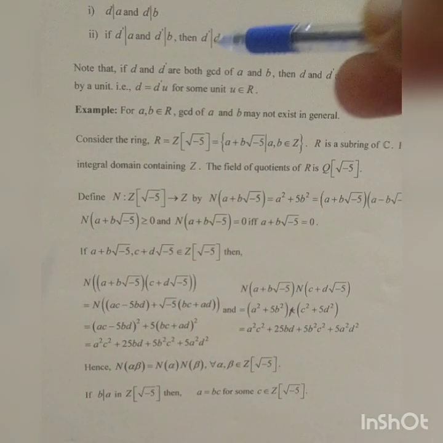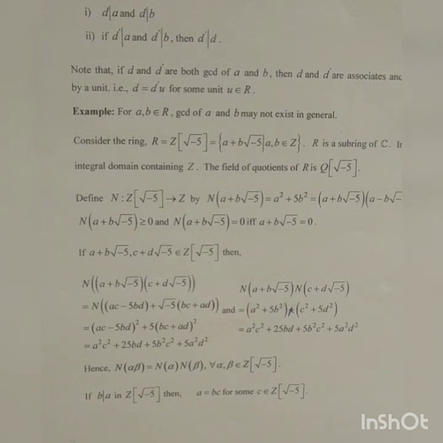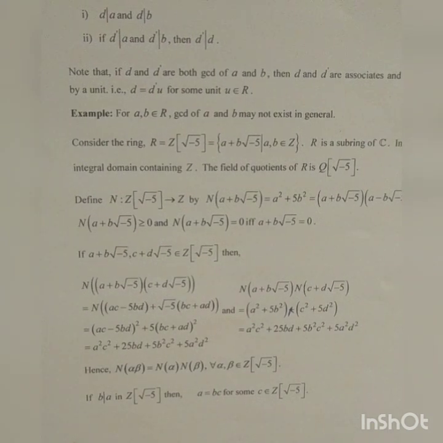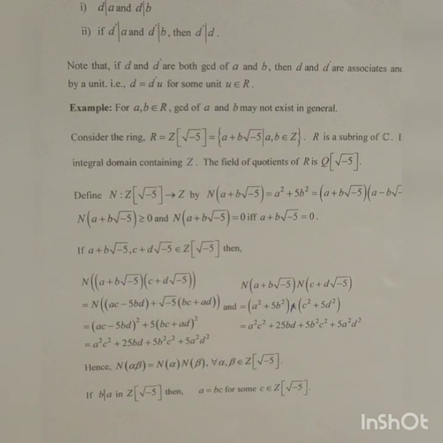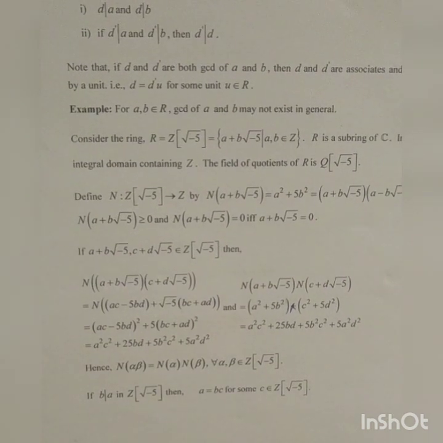Now the question arises, for any two given elements, does the GCD exist or not? So we'll give an example that for any two given numbers, the GCD may not exist in general.